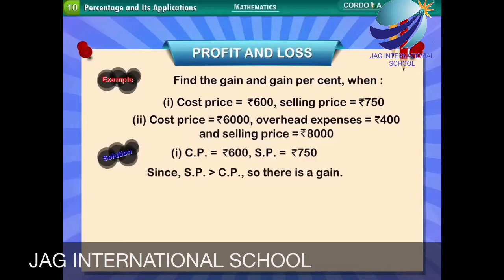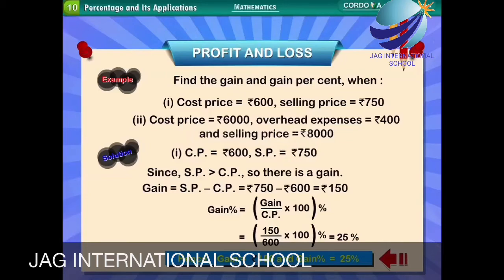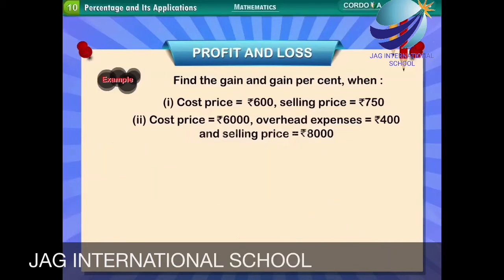Since SP greater than CP, so there is a gain. Gain is equal to SP minus CP, which is equal to rupees 750 minus rupees 600, which is equal to rupees 150. Gain percent is equal to gain upon CP into 100%, which is equal to 150 upon 600 into 100%, which is equal to 25%. Hence, gain is equal to rupees 150 and gain percent is equal to 25%.